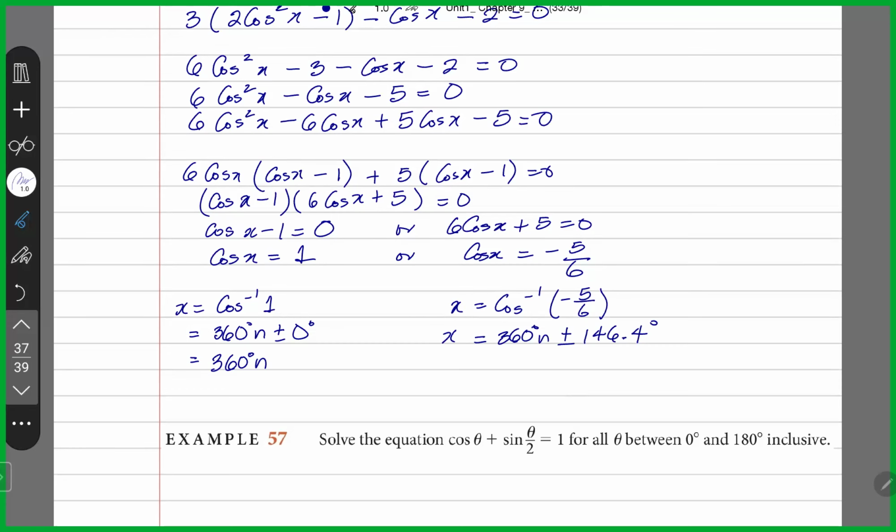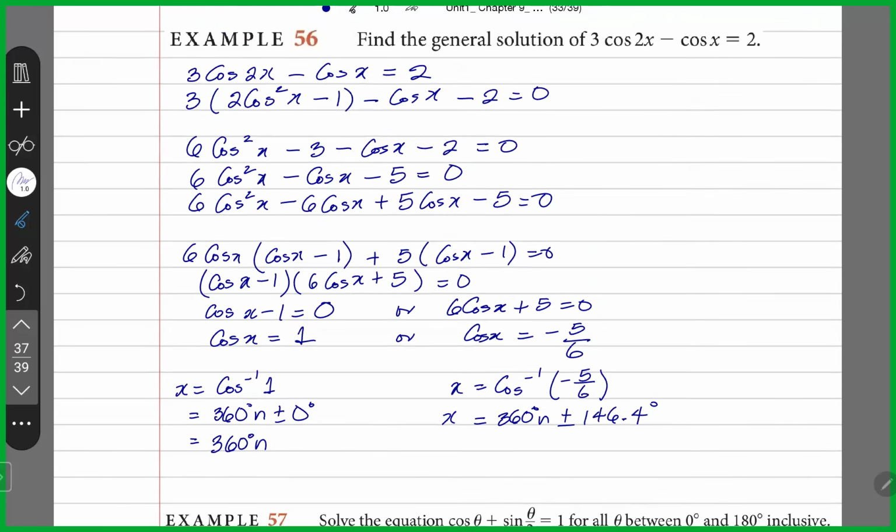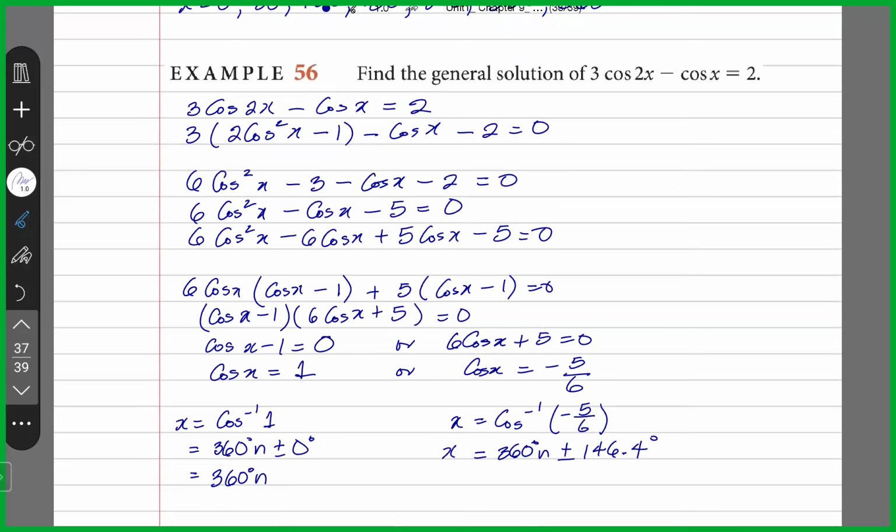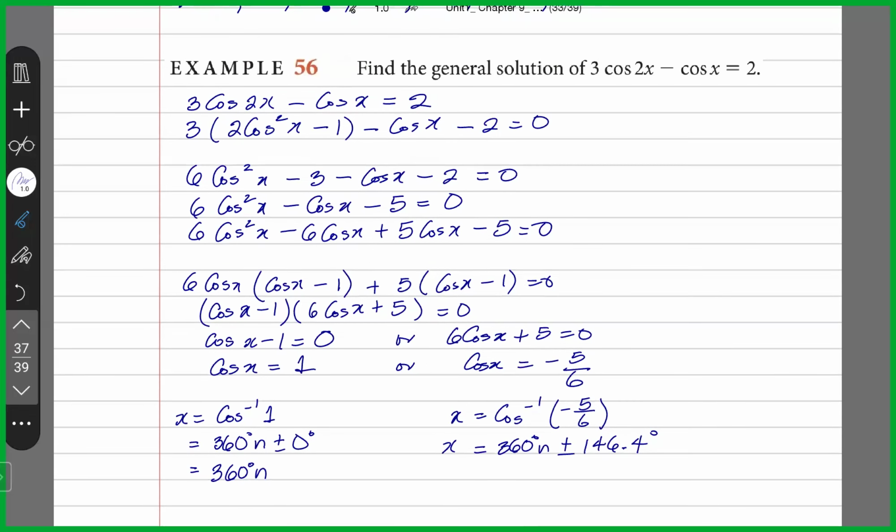So this is the general solution in example 56. Example 56 is asking us to find the general solution.